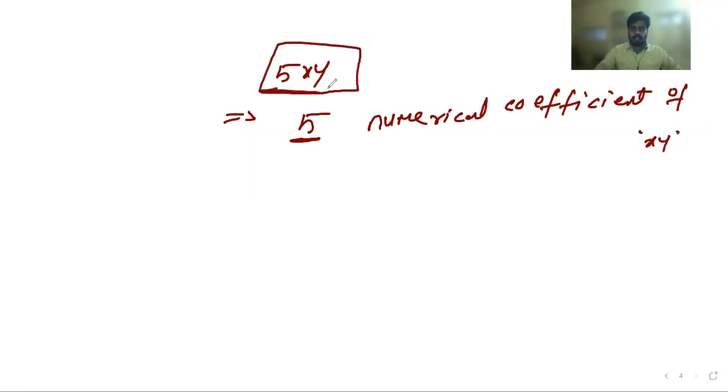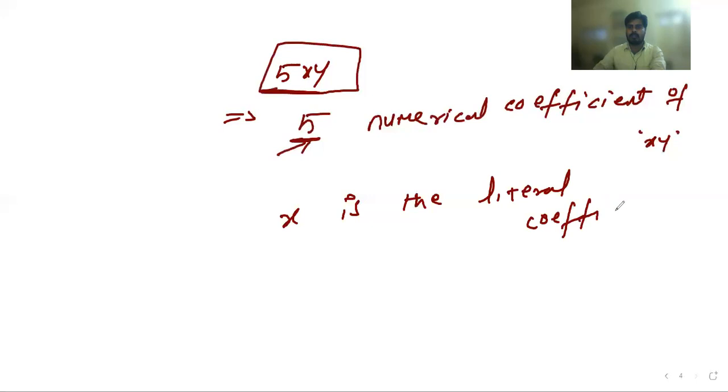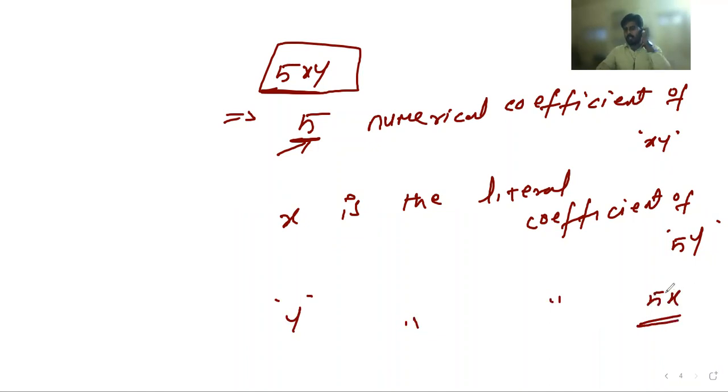In this 5xy term, 5 is the numerical coefficient of xy, and x is the literal coefficient of 5y, and y is the literal coefficient of 5x. Did you understand now?